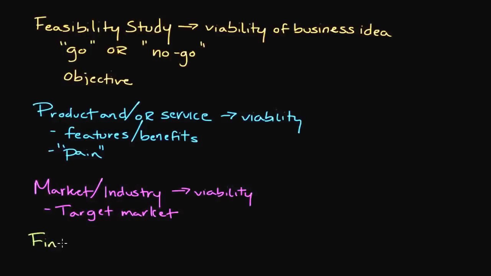the financial viability. And so from a financial viability standpoint, we're typically trying to assess whether or not we're going to make any money. That's generally a very important thing, obviously.